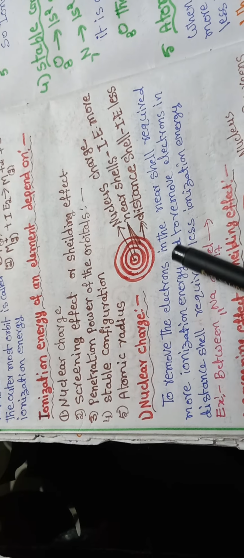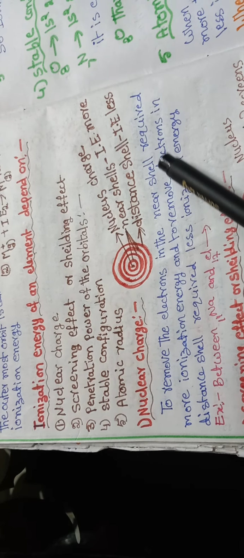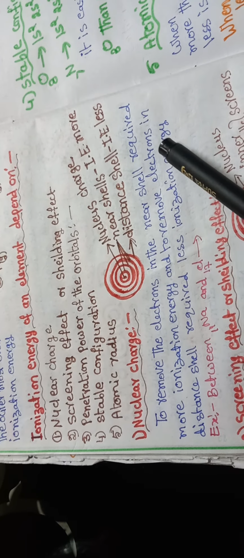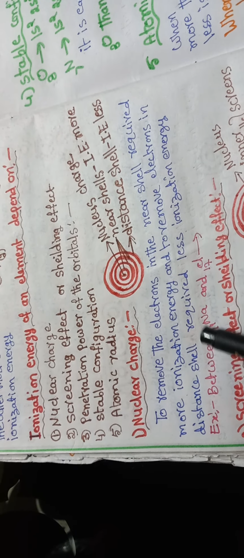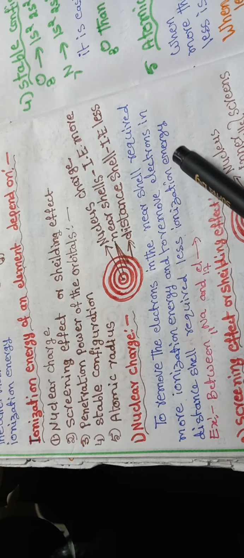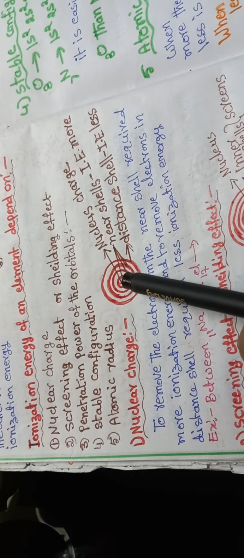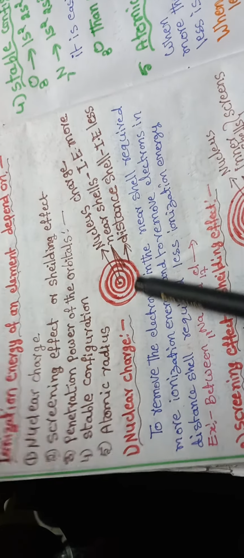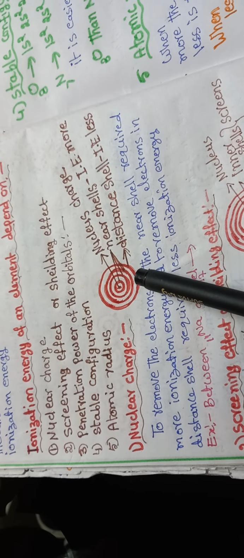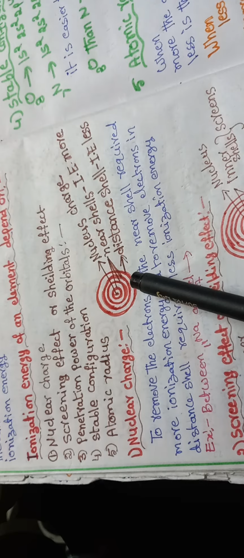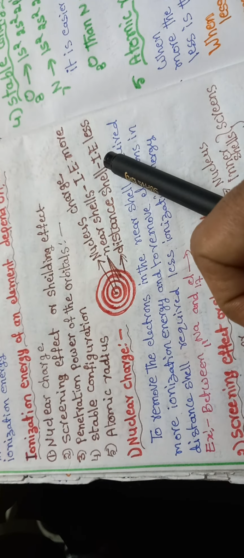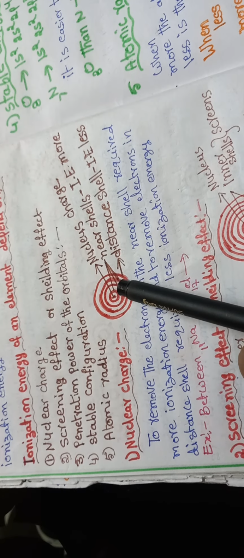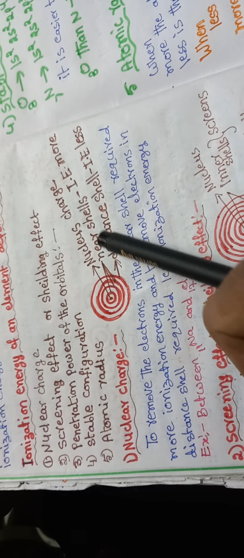Removing electrons in the near shell requires more ionization energy, and removing electrons in a distant shell requires less. Around the nucleus, a number of shells are present. So outermost shell electrons are removed easily using less ionization energy, and it is very hard to remove the electrons from the near shells.